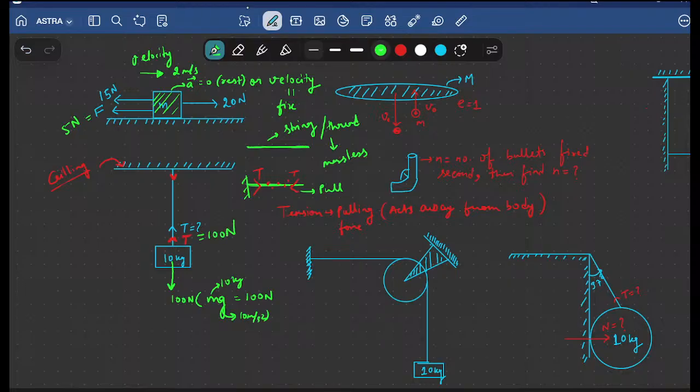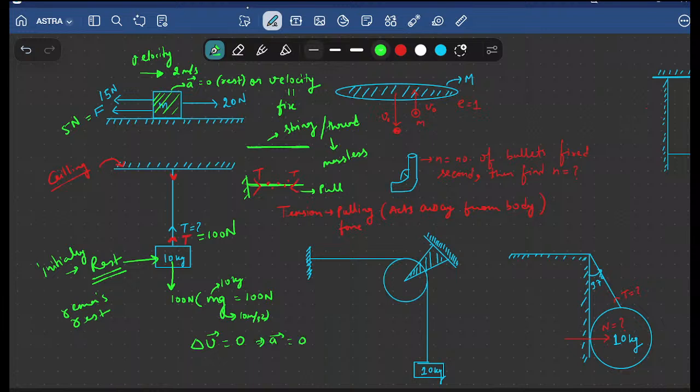100 Newton. Why? Because the body is unaccelerated, since the body is at rest. The most important point is that it remains at rest. If the body was initially at rest and it remains at rest, it means that the change in velocity is zero. If the change in velocity is zero, the acceleration is zero.